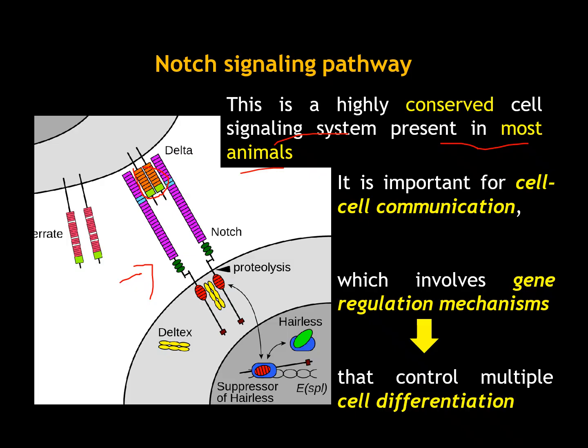For example, in fruit flies, the production of bristles requires Delta and Notch. Very important. It is also important for cell communication and involves gene regulation mechanisms that control cell differentiation.